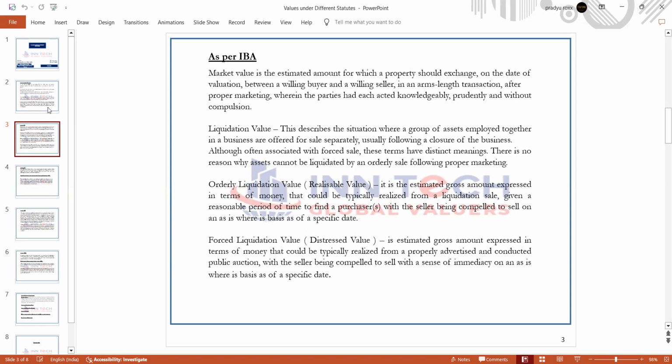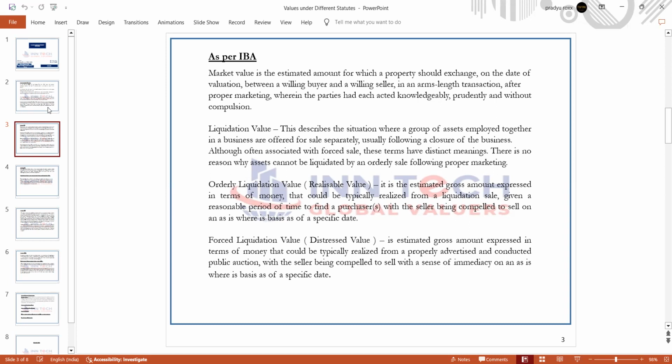Because they are the body, and all the banks are under the IBA, they have come out with guidelines on the method of valuation, how to prepare a report, and the mode of appointment, regulating all the third party individuals.